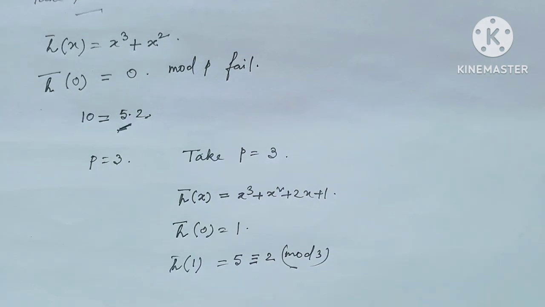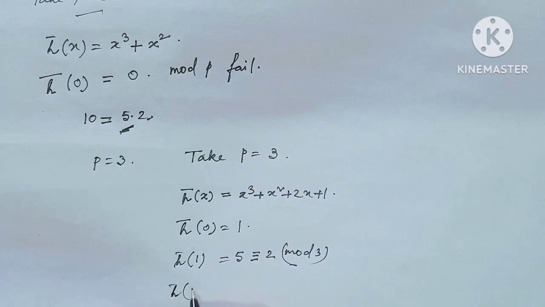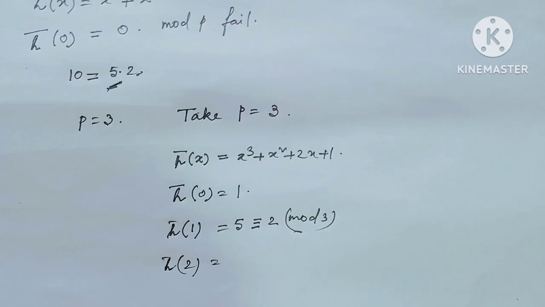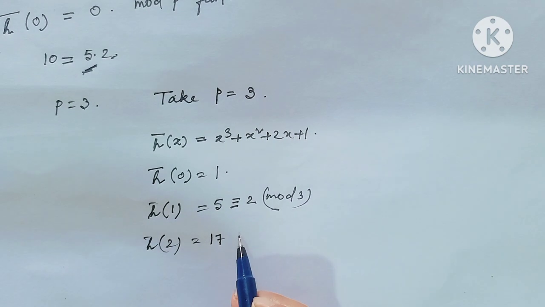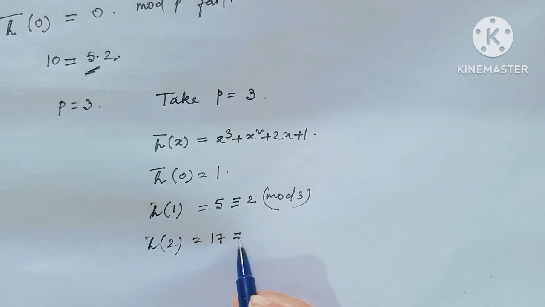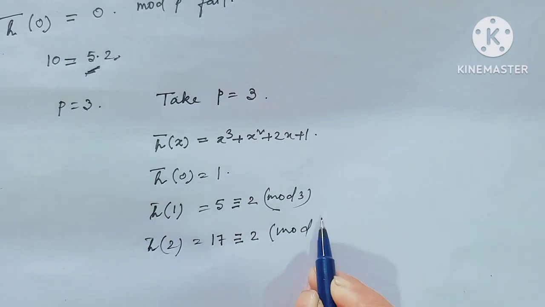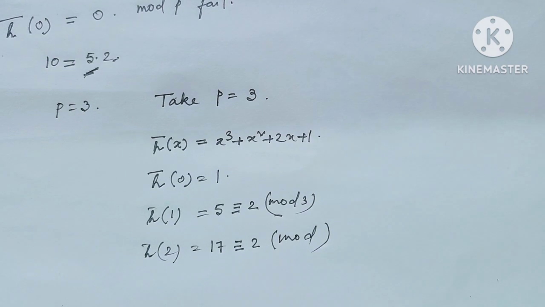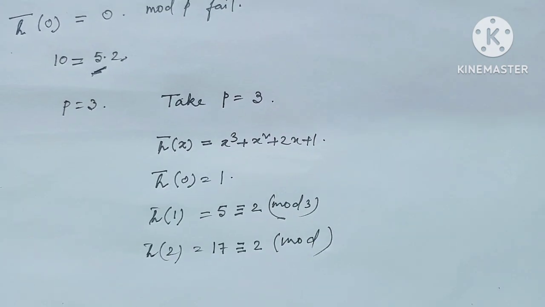And h bar(2) equals 17, and 17 in mod 3 reduces to 2. So in mod 3, h bar has no root.